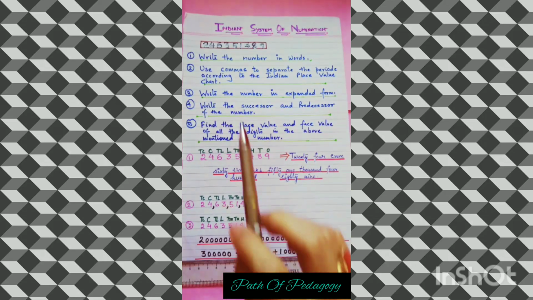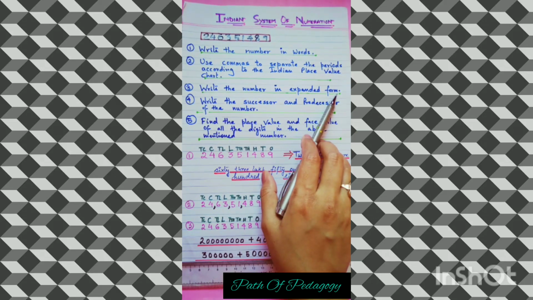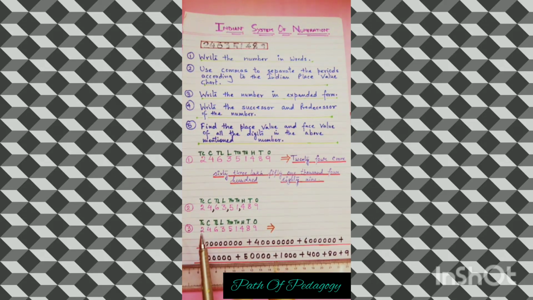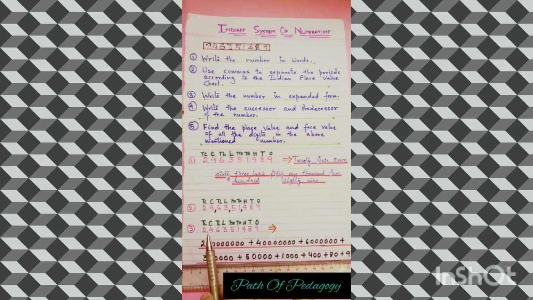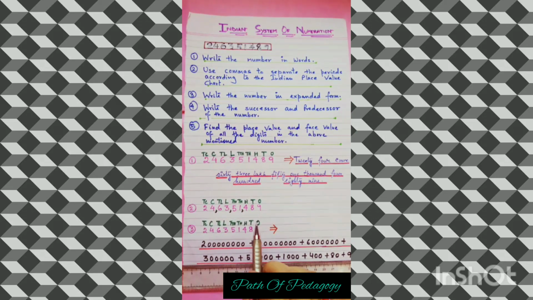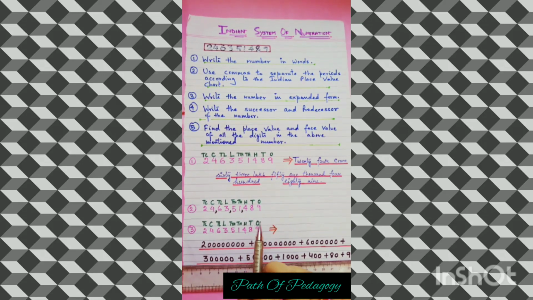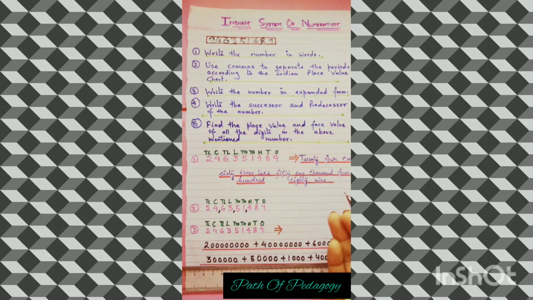Next question number 3, write the number in expanded form. For this question you have to write down the number again, and write all the places above each digit of the number for your better understanding.